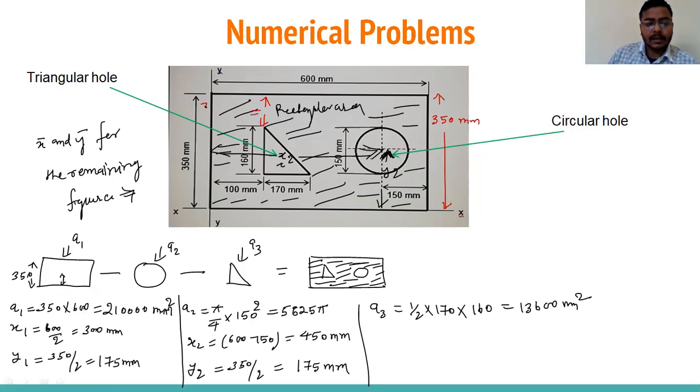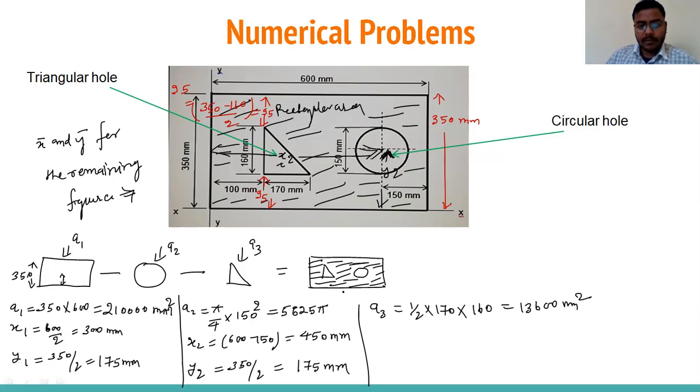We can write 350 minus 160 divided by 2. By solving, you can get 95, and here also 95. You can check: 95 plus 95 is 190, and plus 160 will come 350.